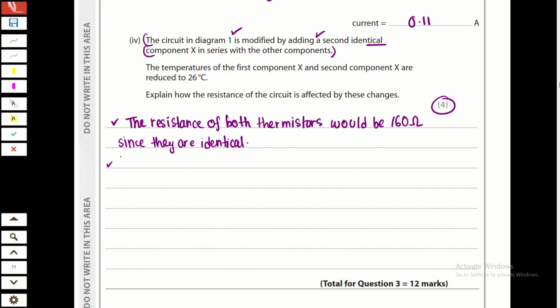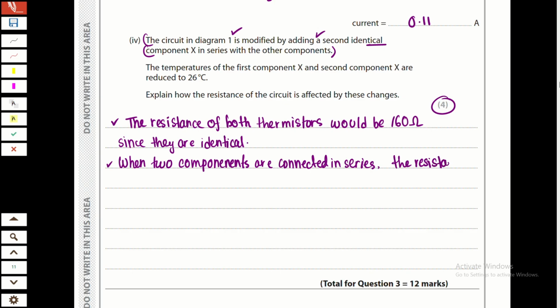The second point would be that when two components are connected in series, the resistance increases. The resistance in the circuit increases.